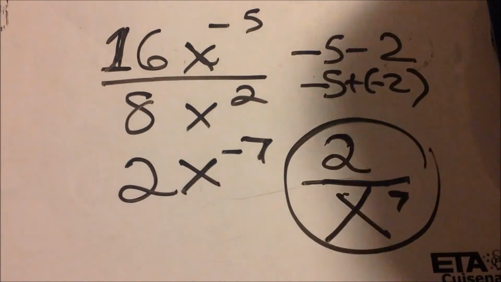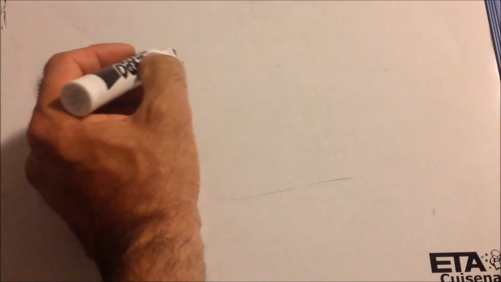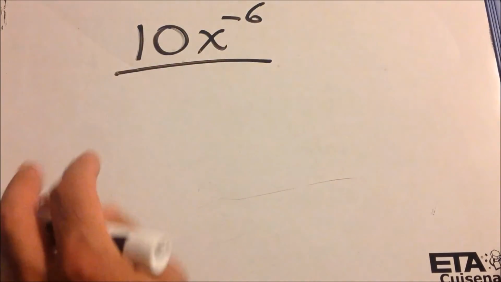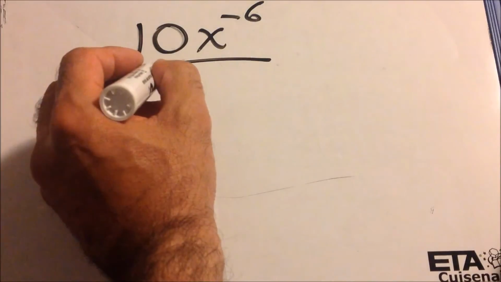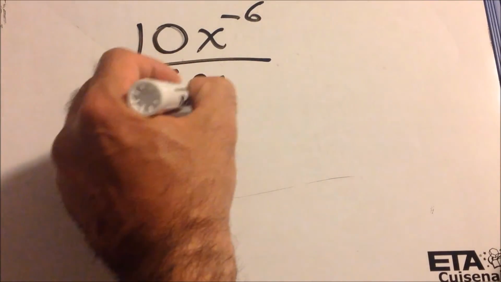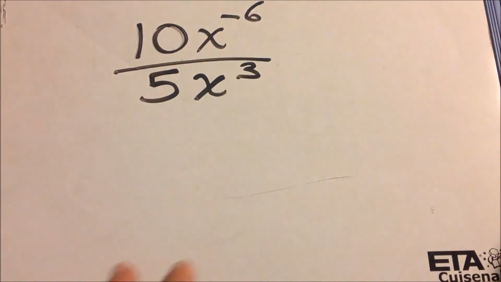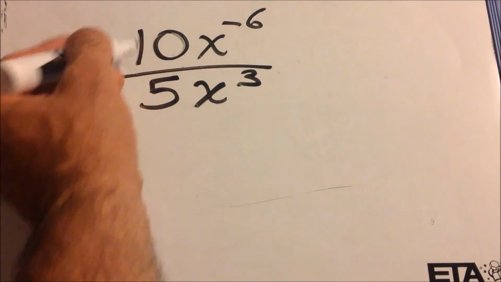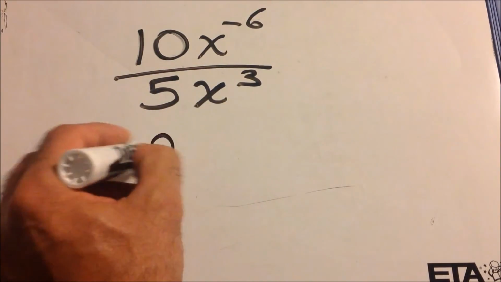Let me do one more like that so you understand it. So let's say I had 10x to the negative 6 over 5x to the third power. So try that. 10 divided by 5 is 2.